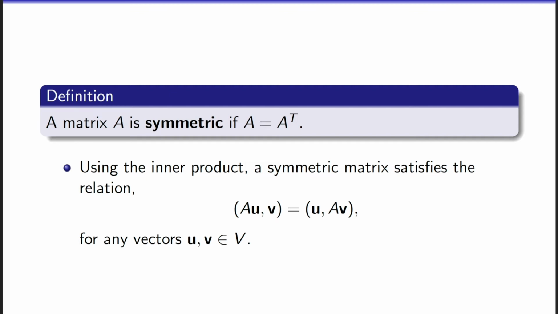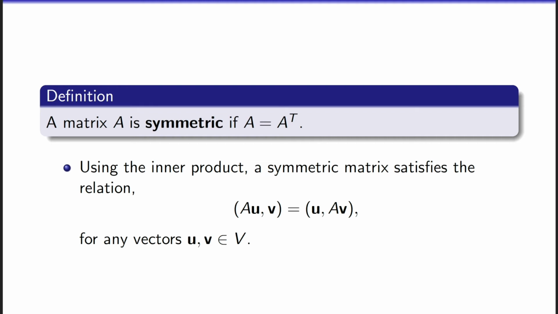Using our inner product definition of transpose, this means that a matrix is symmetric if it satisfies the given equation: A acting on u inner product with v is equal to u inner product with Av for all vectors u and v.